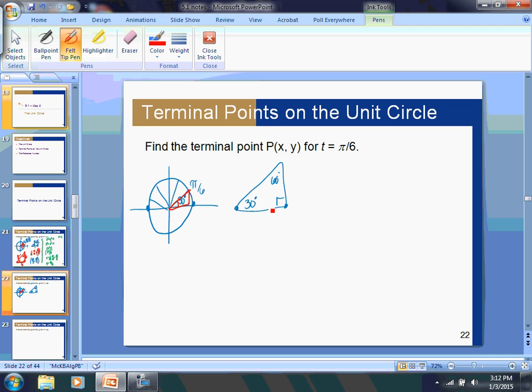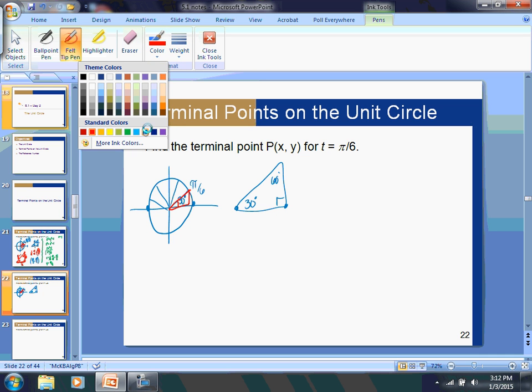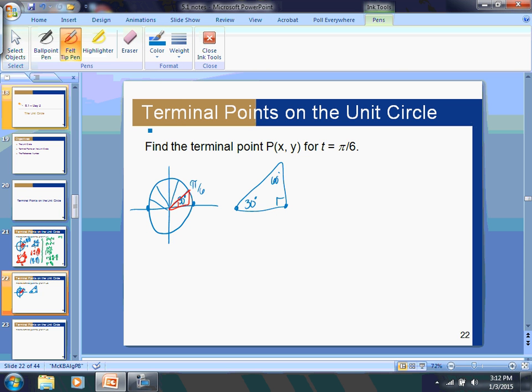Now, the measurements on the 30, 60, 90 reference triangle, the hypotenuse always had some kind of 2 in it for the reference triangles. This one happens to be 2, the other one was the square root of 2. The side that was between the 90 and the 60 degree angle is a length of 1. And then the side that's between the 30 and the 90 degree angle was the square root of 3. So I always remembered that the 3's kind of go together. The 3 and the 30 and the square root of 3, they kind of go together.